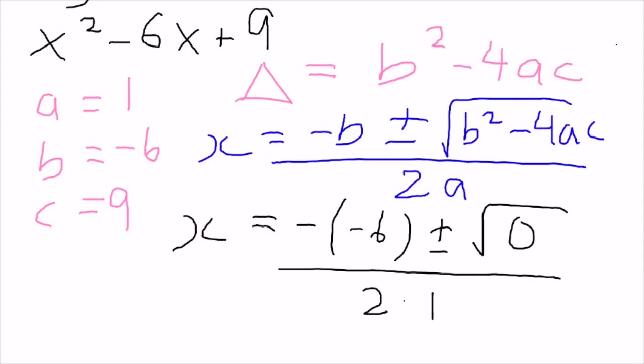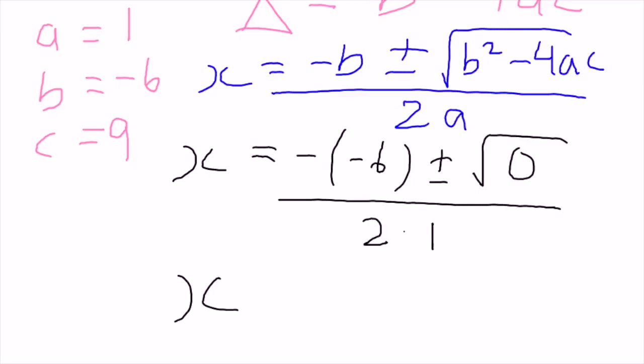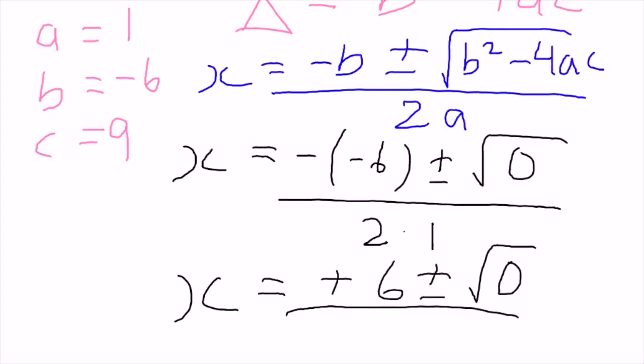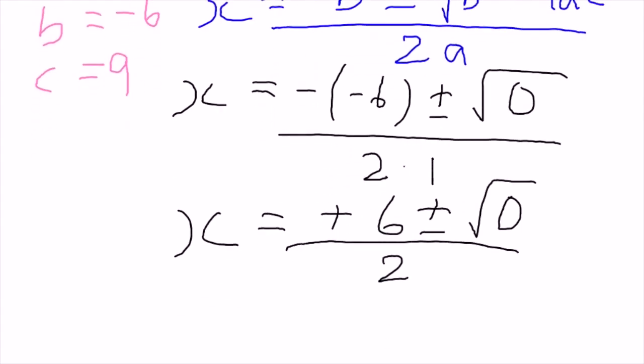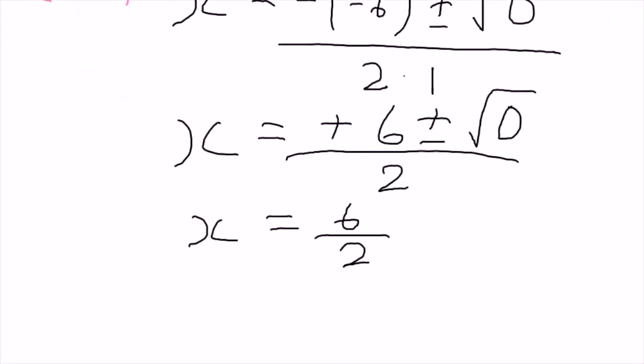This simplifies to x equals plus 6 plus minus root 0 over 2, which simplifies to x equals 6 over 2, meaning x is equal to 3 and 3 only, giving you one solution.